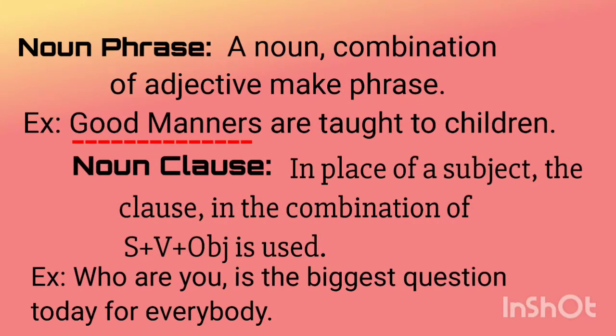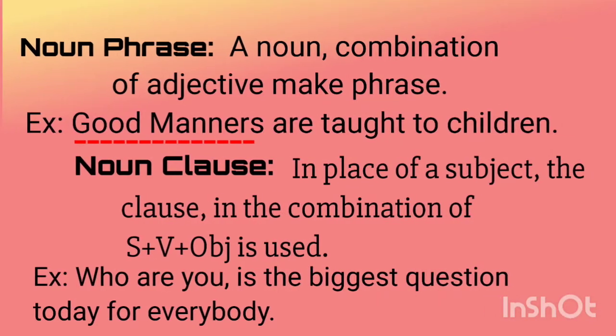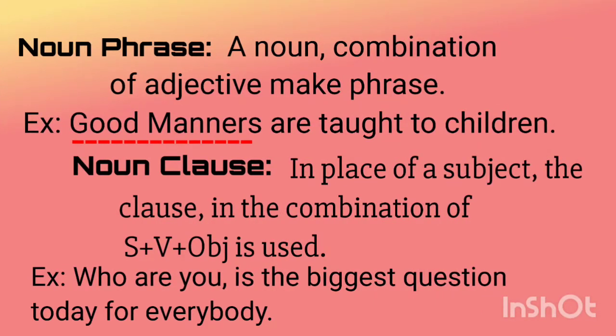The whole clause acts as a subject in the main sentence: Who are you is the biggest topic today for everybody. Another example: issuing progress cards to children is the biggest task. So we can use those clauses in sentences as subjects.